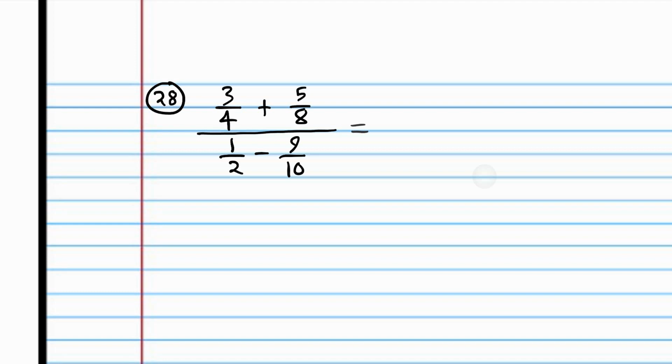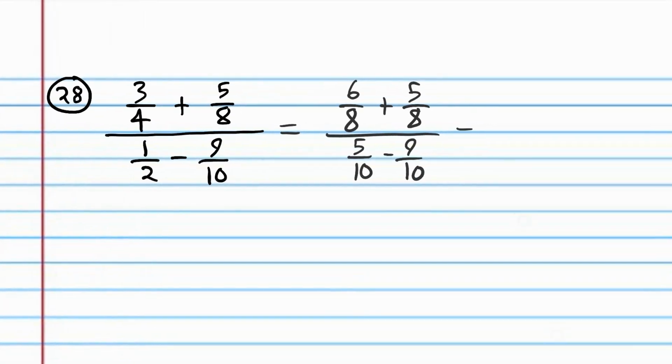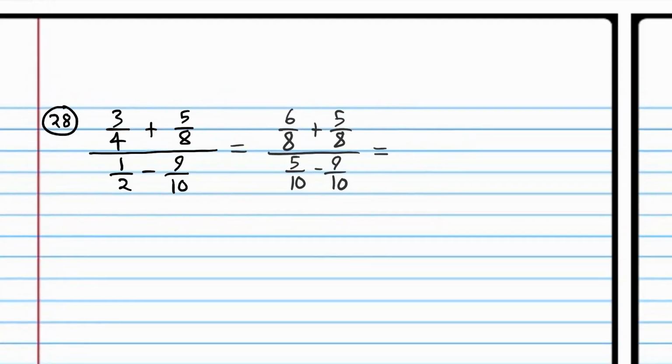All right, we're back. So multiply both sides of 3/4 by 2 to get 6 over 8. Now we have a common denominator in the numerator. And multiply both sides of 1/2 by 5 to get 5/10. And combine the fractions in the numerator. Combine the fractions in the denominator.